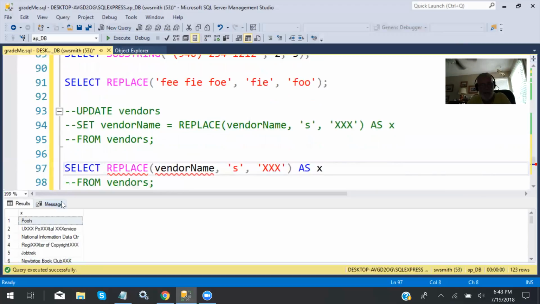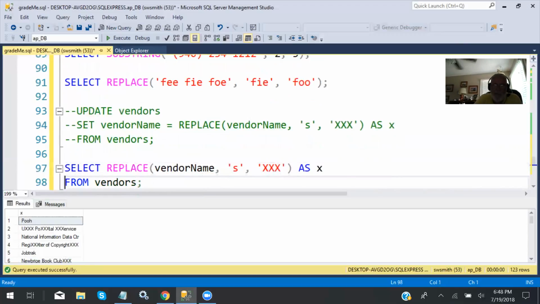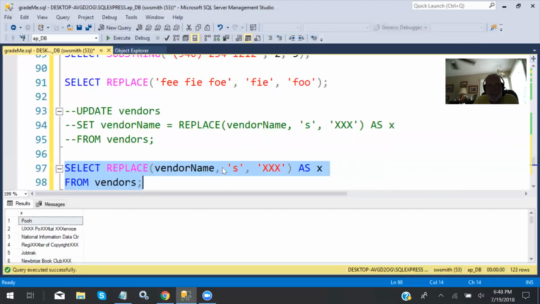Select is fairly benign. This is okay because the select is what I said when I got this. So if I select that, what am I going to see? I'm going to see all the names with S's, P-O-S-T-A-L. It reads P-O-X-X-X-T-A-L. That's fine. In this select statement, it just replaces it.